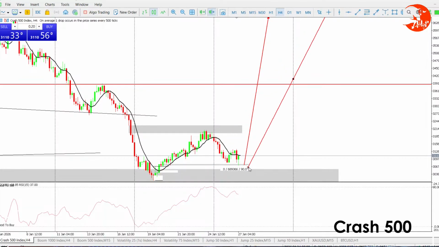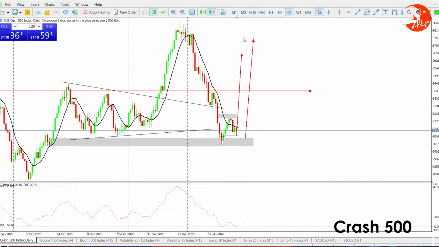But I also told you that price can eventually even come from this other support. That is a general one according to the daily time frame. That is another block which is a support actually after this level. So that's why we need buys here.